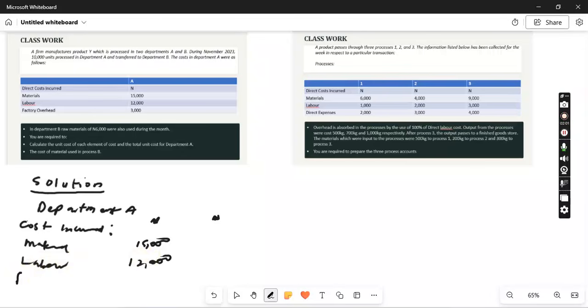We have factory overhead, which is an indirect cost. Factory overhead, which is 3,000.